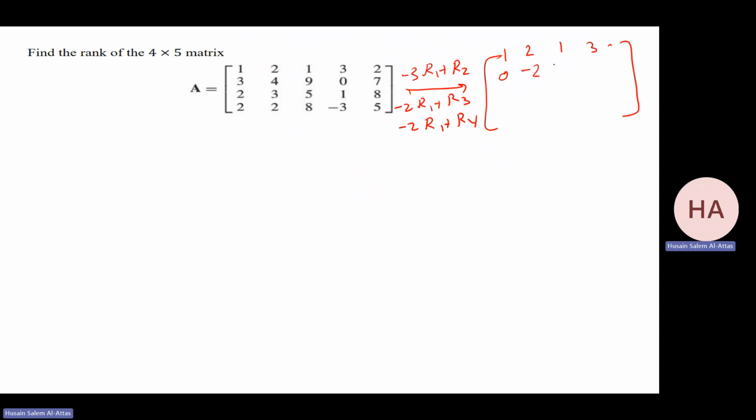Minus 3 and add, that gives me 6. Minus 9, this is 2. Multiply minus 3 and add, that gives me 1. Yeah, a little bit complicated.